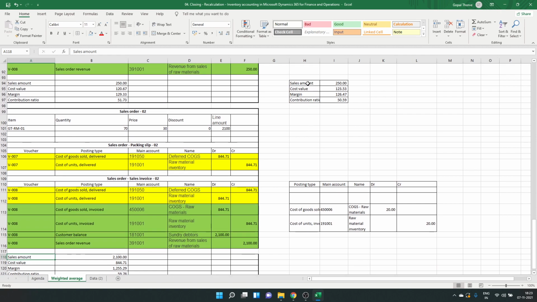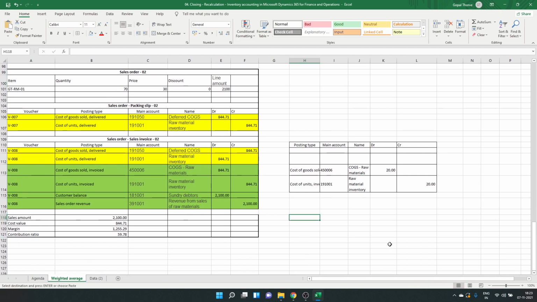Same thing is going to happen with my margin calculation also. This is now revised from 59.78 to 58.82.